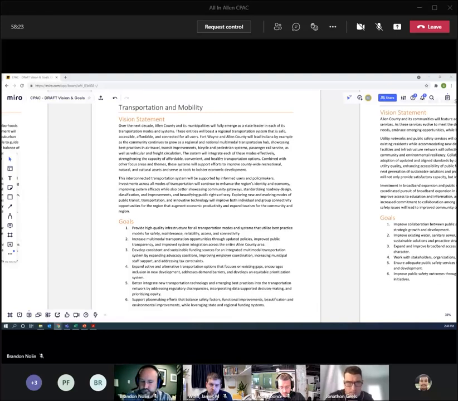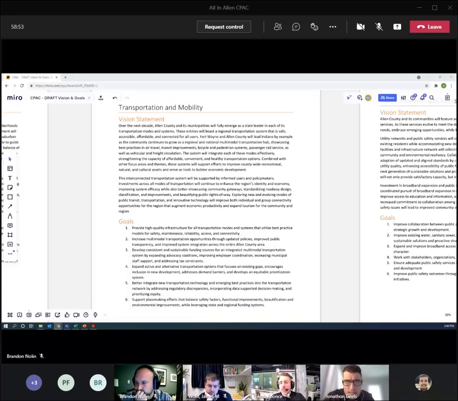That was something that was woven through each of the different goals here. As far as the goals, we've got: one, provide high quality infrastructure for all transportation modes and systems that utilize best practice models for safety, maintenance, reliability, access, and connectivity. Two, increase multimodal transportation opportunities through updated policies, improved public transparency, and improved system integration across the entire Allen County area.